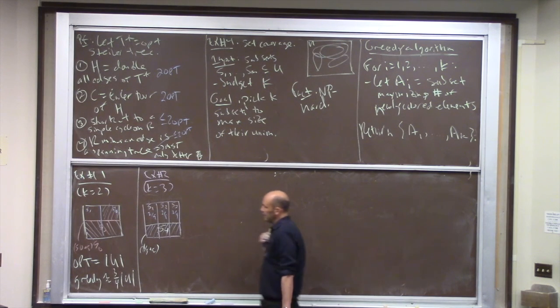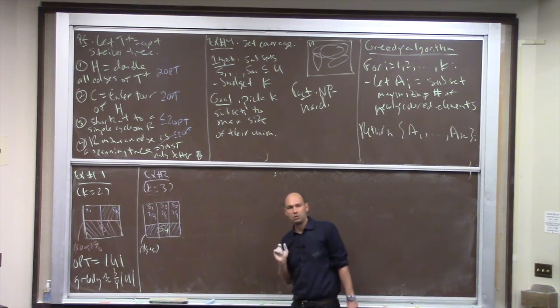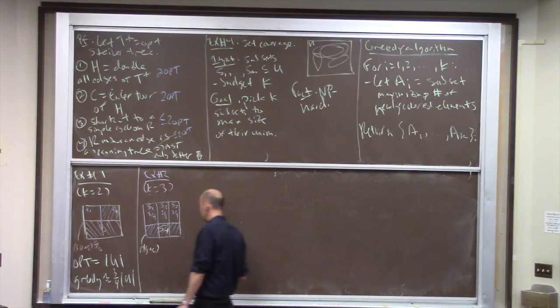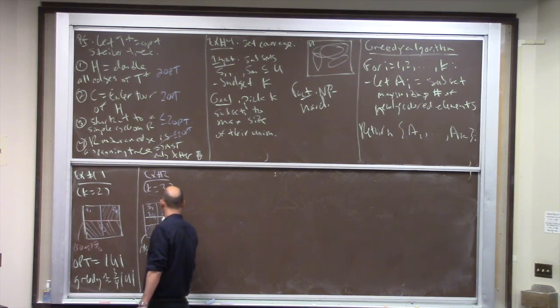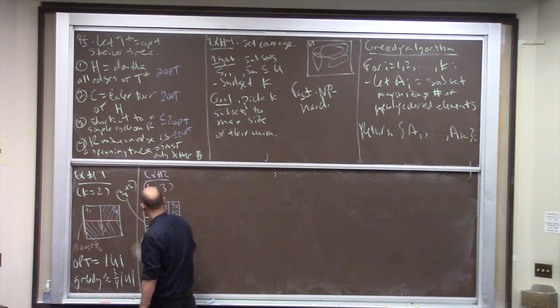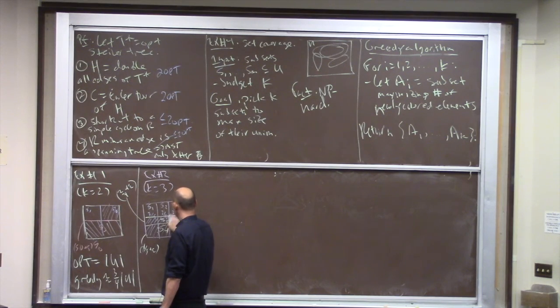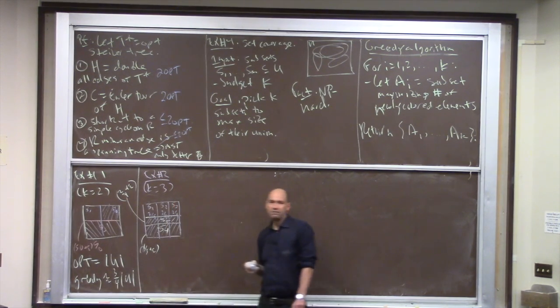So to fool greedy a second time, we just need to give it a set which covers slightly more than a 2/9 fraction of the universe. That's easy to do. We just give it an S5, which is 2/9 plus epsilon fraction of the universe size. Greedy will then pick S5.